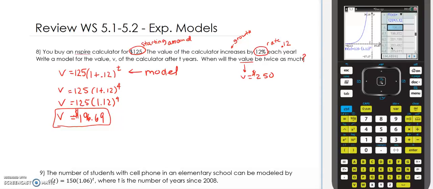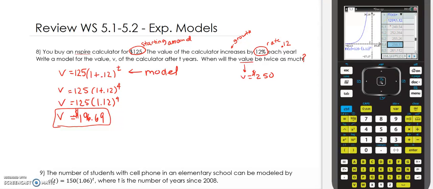We'll try that. So now I see 4, 4.1, 4.2. I'm going to get a much better estimate of where my 250 ends up. I have to scroll a little longer. There we go. So 250 is somewhere right in here between 6.1 and 6.2 years, probably close to 6.1.